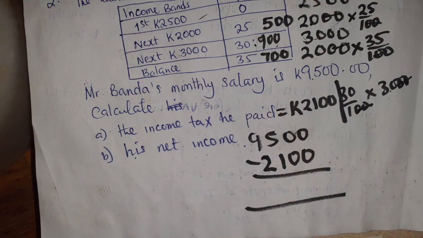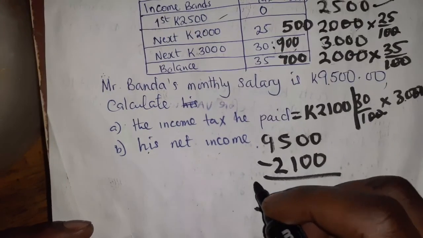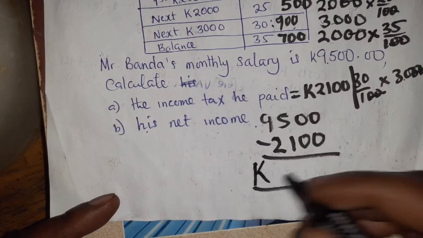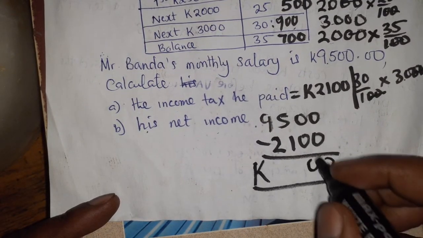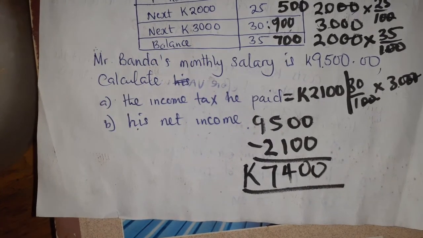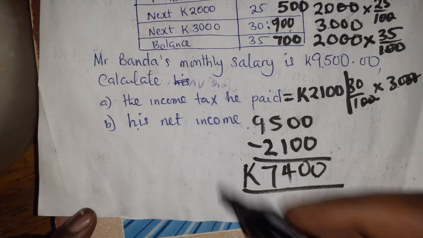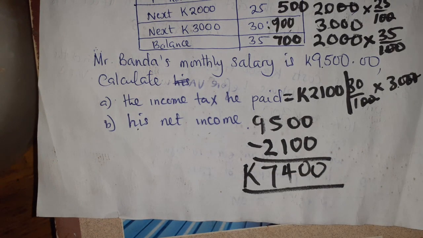Let's calculate how much we are going to get. So this is going to give us 7,400. That is how much is going to be his net income. It is as simple as that.